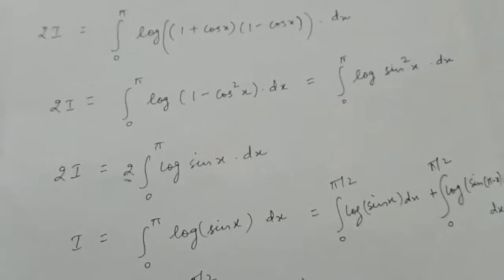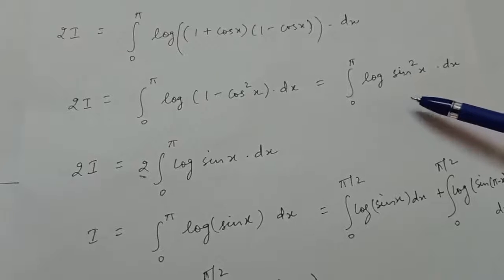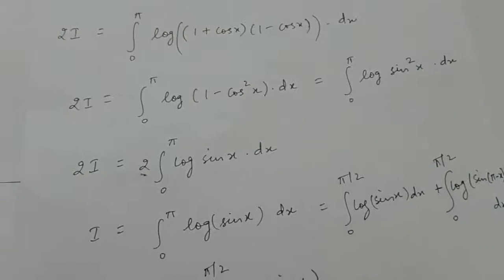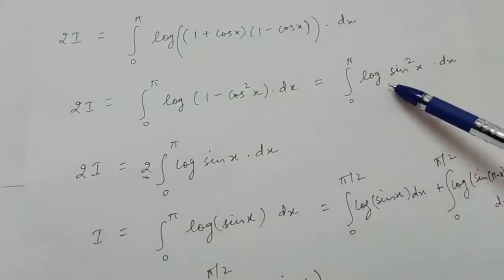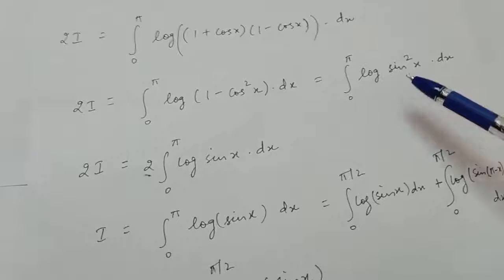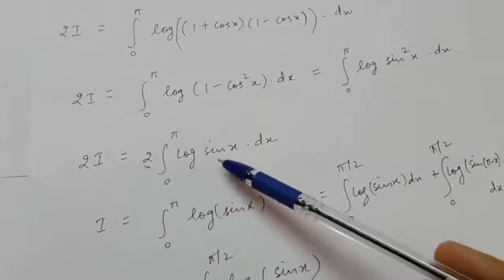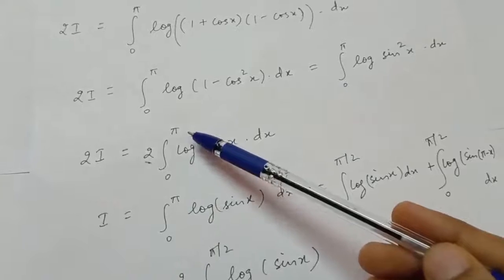Now this (1 plus cos x) into (1 minus cos x) will be 1 minus cos square x, and 1 minus cos square x can be written as sin square x. So this 2I will be equal to, now this log sin square x can be written as 2 log sin x, and the limits are from 0 to pi.